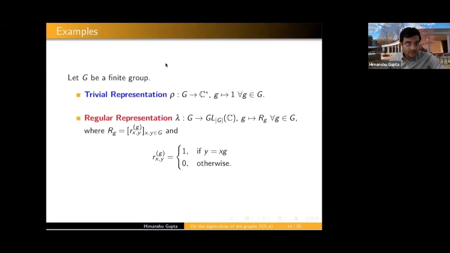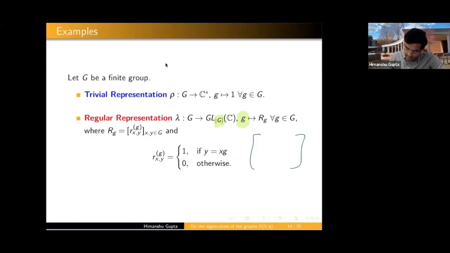Another representation which is always there is the regular representation, which has degree the same as the size of the group. What does it do? It takes a group element g to matrix R_g. Matrix R_g is a permutation matrix, which means each row and each column has exactly one non-zero entry, which is 1, and the entry is 1 if y is equal to xg, and 0 otherwise.